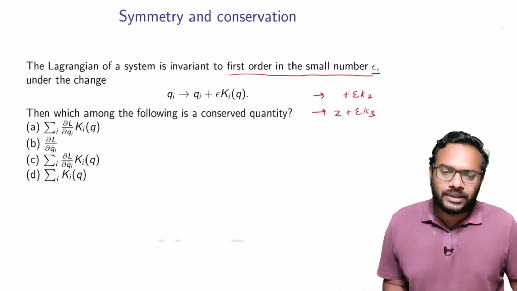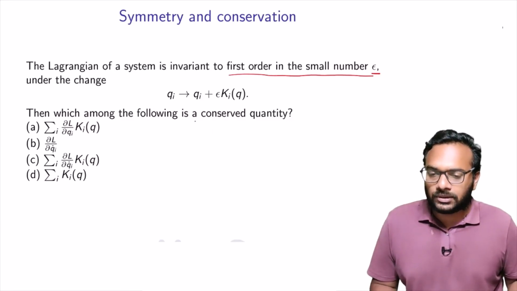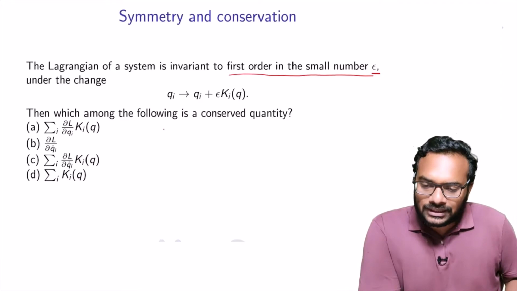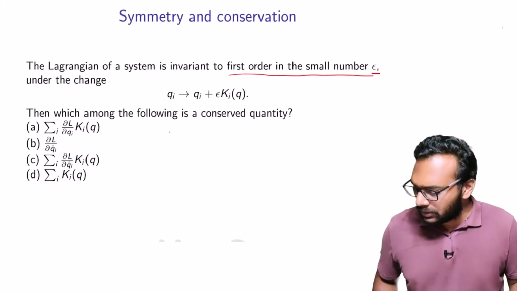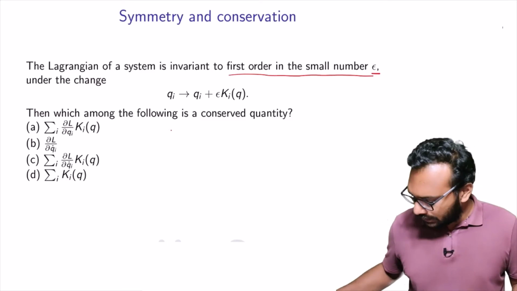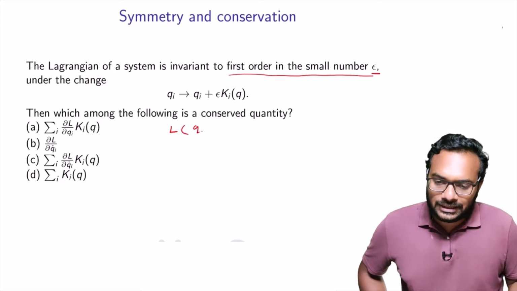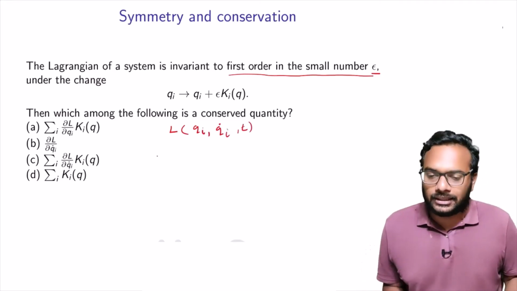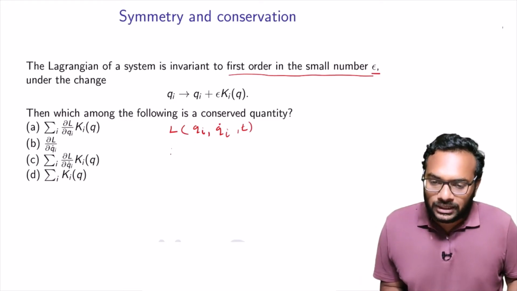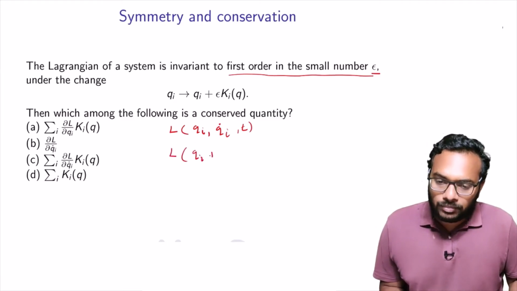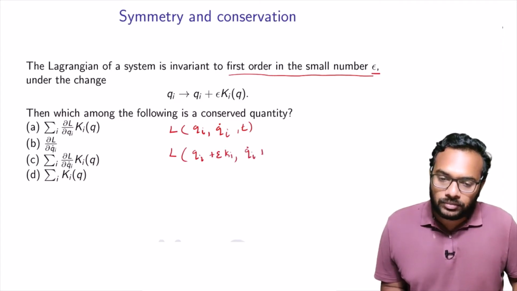Now how do we demand that the Lagrangian does not change up to first order? One way to do it is to find the transformed Lagrangian. The old Lagrangian we write as L of qi, qi dot and t generally. The transformed Lagrangian would be L of qi plus epsilon ki, comma qi dot plus epsilon ki dot, comma t.